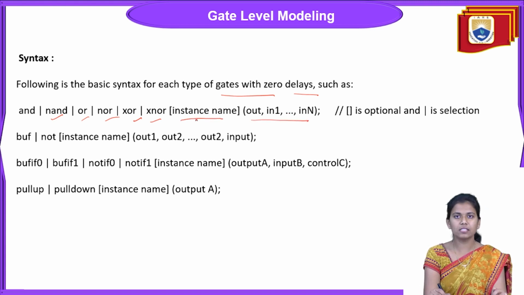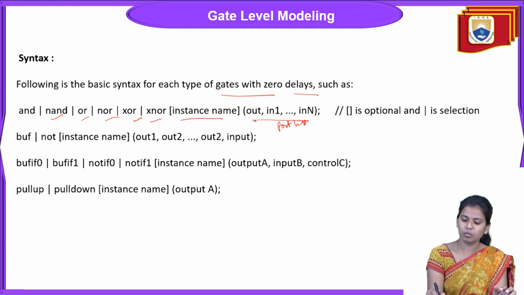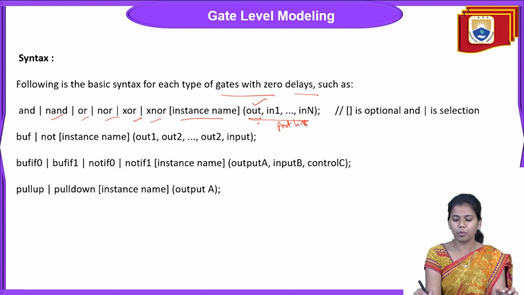The instance name is the name of whatever gate you are considering, or a name would be given by default. The port list consists of output ports as well as input ports. Always remember that the output port list we have to declare first, and then come the input ports.